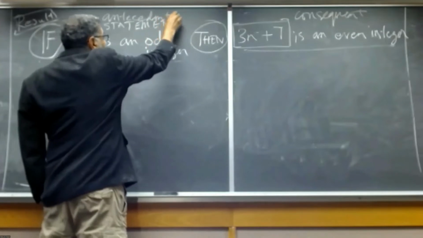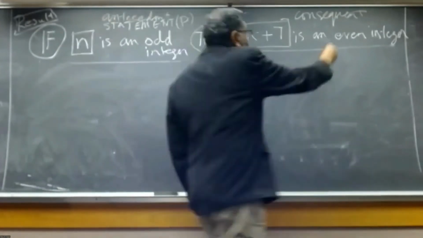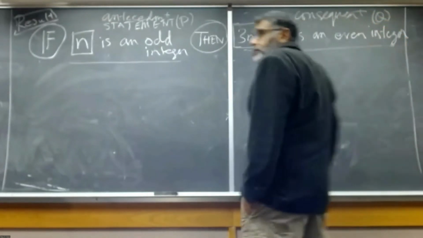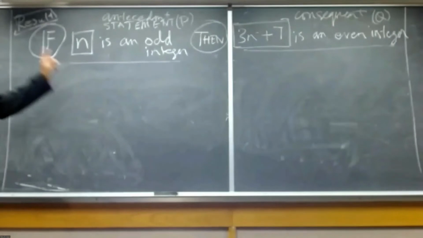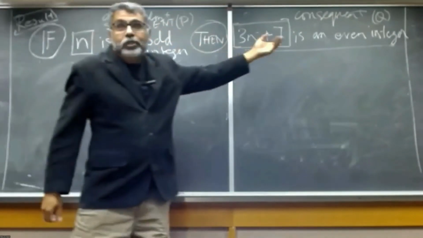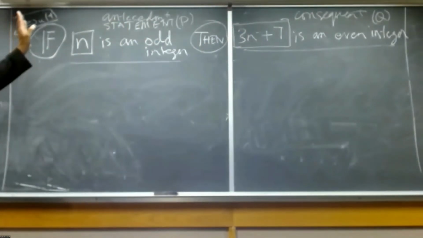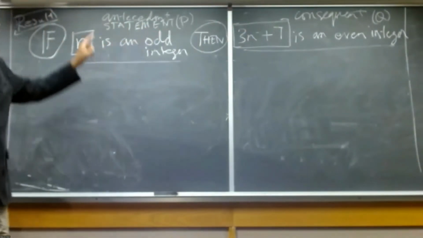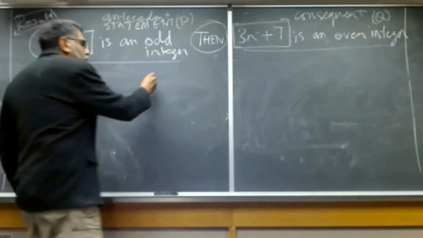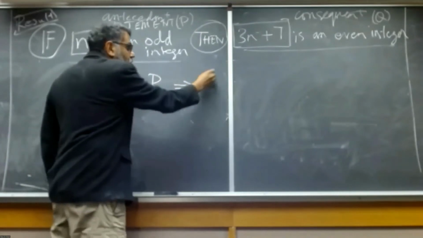We could call this statement P, and we could call this statement Q. So if P is true, then Q is true as well, or that P implies Q, or the antecedent implies Q. In logic, we would say it like this: this is the symbol for implication.